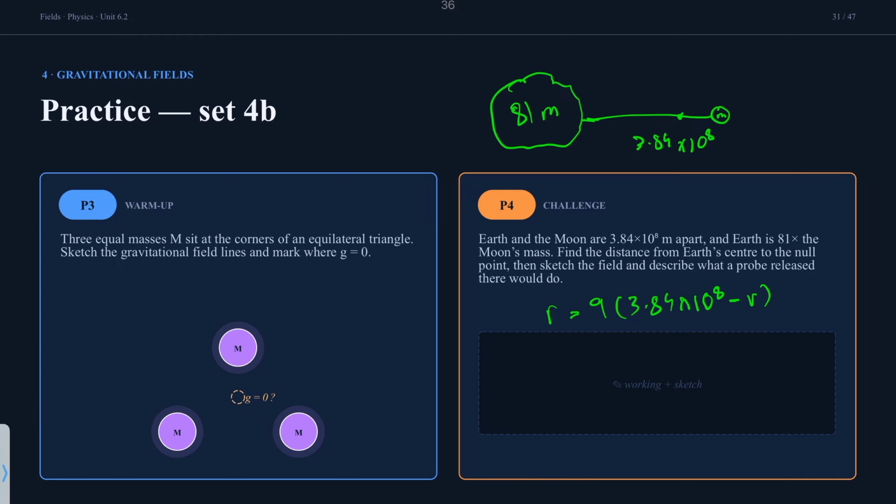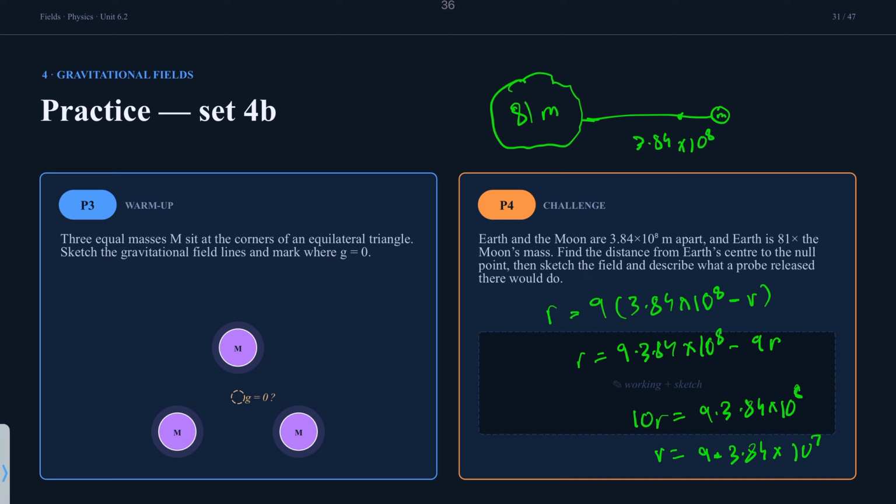Okay, so you can distribute this: r is equal to 9 times 3.84 times 10 to the 8th minus 9r. 10r is equal to 9 times 3.84 times 10 to the 8th. So r is just equal to 9 times 3.84 times 10 to the 7, right?